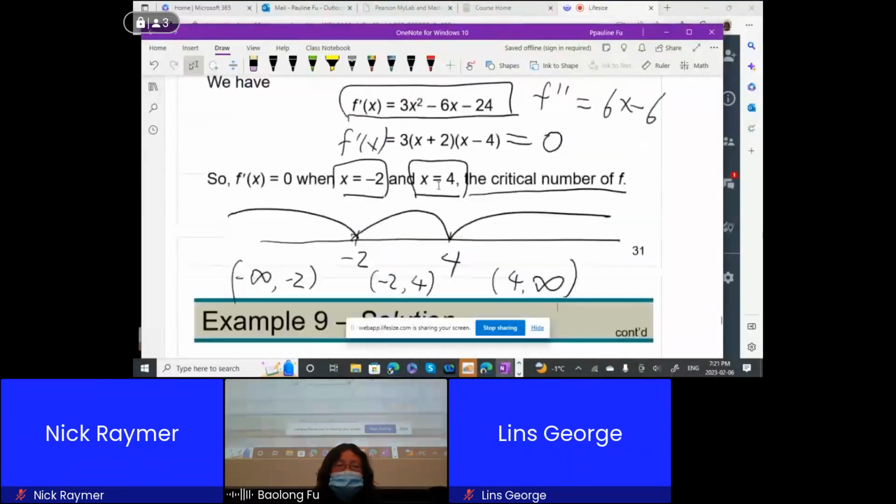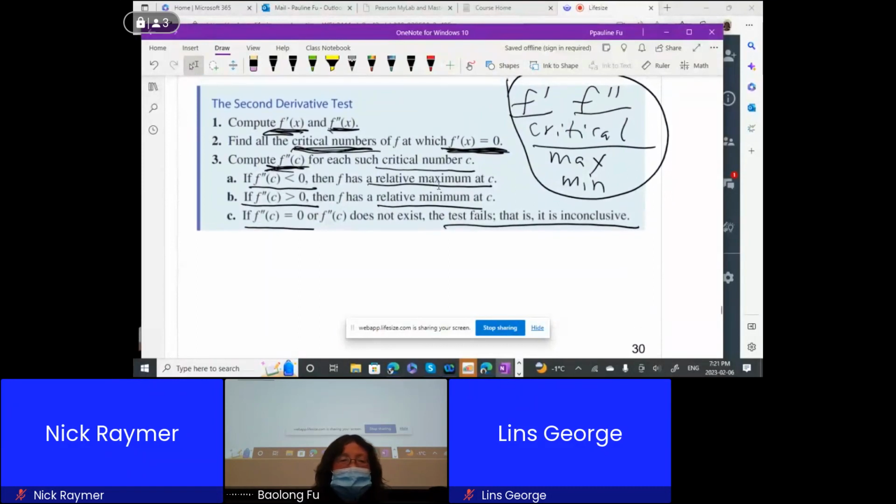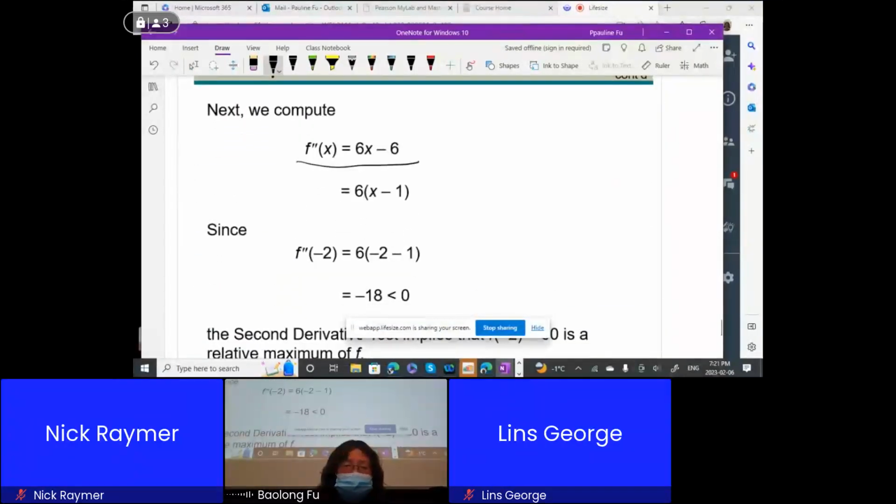And now, based on this theorem, compute the second derivative at c. So what is c again? c is the critical numbers. So in this case, c equals -2 and c equals 4. Okay, so we need to compute the second derivative at -2.